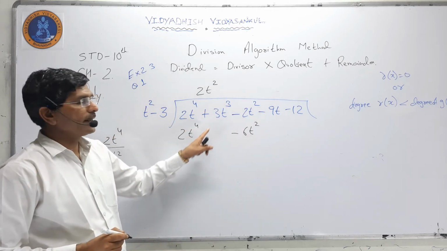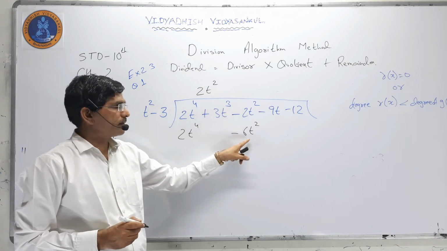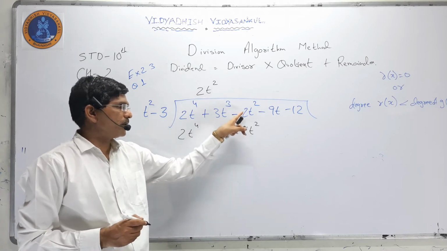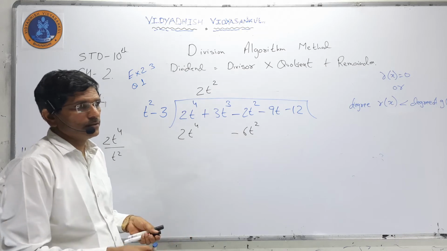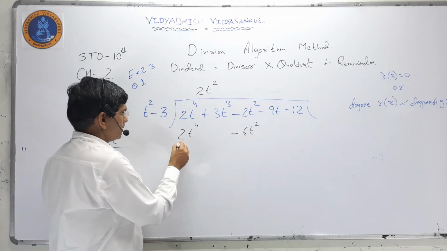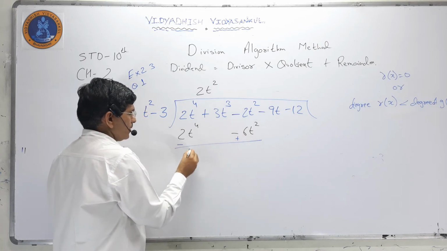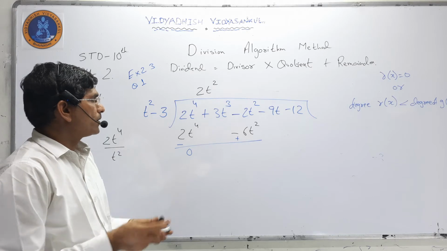Why am I not writing it here? Because here it is a cube power and here we have a square power. So we have to write the square power below the square power. Now I have to change the sign, that is minus to plus. Here we get the answer 0.